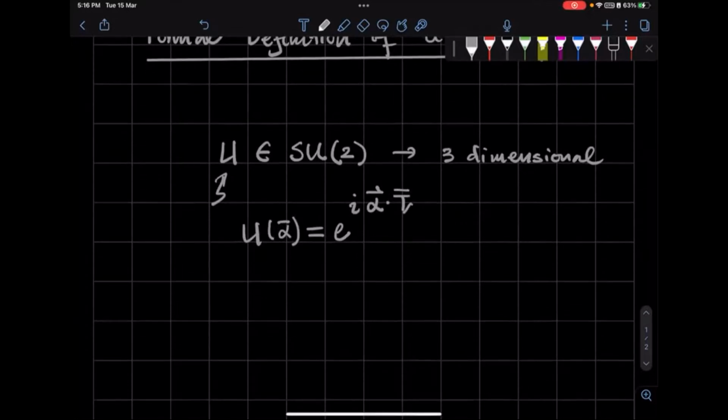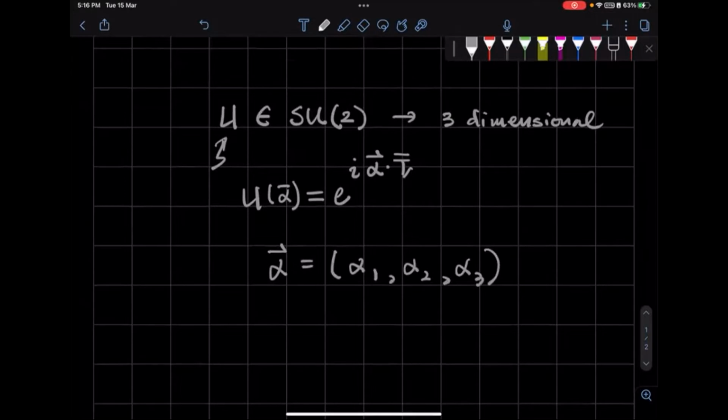So does this mean alpha 1, alpha 2, alpha 3? So if alpha has three coordinates, it will give rise to three unitary matrices? Yes, in general. So for example, if alpha is a set of three numbers, alpha 1, alpha 2, and alpha 3, it may be possible that alpha 2, alpha 3 is 0.